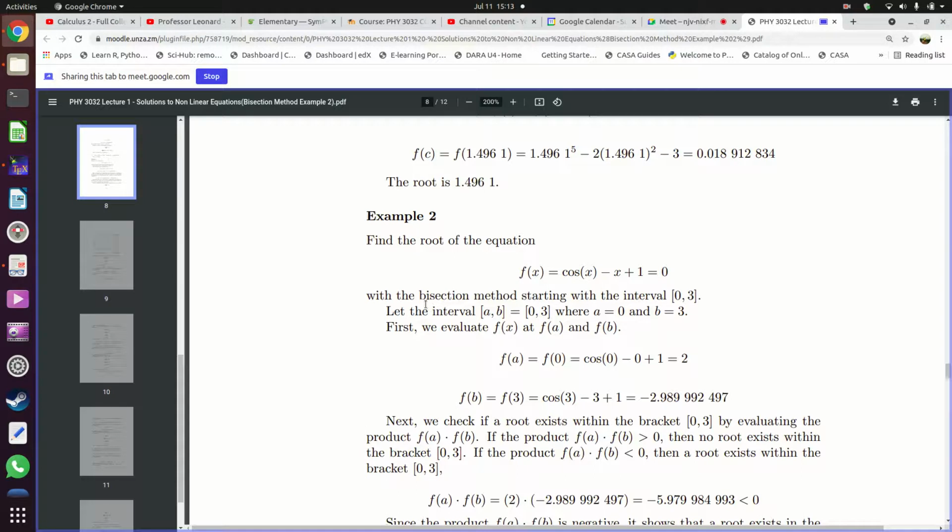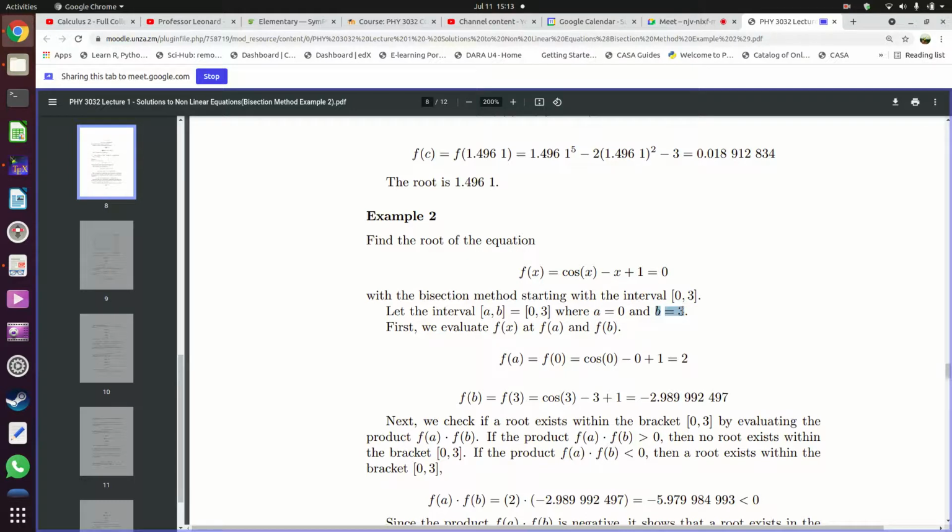So from the graph, we know that there is a root between 0 and 3. How are we going to do the same process with bisection so that we can find an answer? Of course the interval AB, in our case, is 0 to 3. So the lower boundary of our bracket is A equals 0, and the upper boundary B is 3.